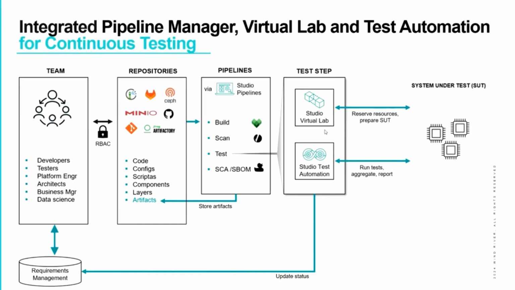Within the sequence of testing activities, we have Virtual Lab that enhances the setup by offering a secure portal for managing and sharing distributed test environments, including remote hardware and modern simulation tools. The integration of Virtual Lab within Pipeline Manager empowers developers with capabilities for enabling remote access and testing with distributed environments, but also powerful automation through leveraging Studio Virtual Lab functionalities through CLI.